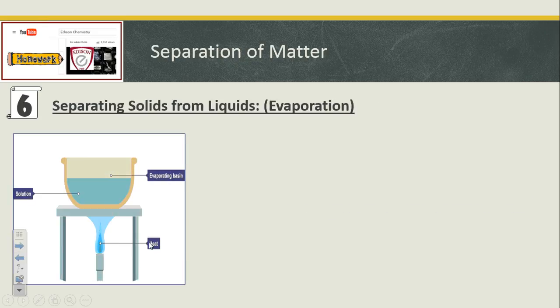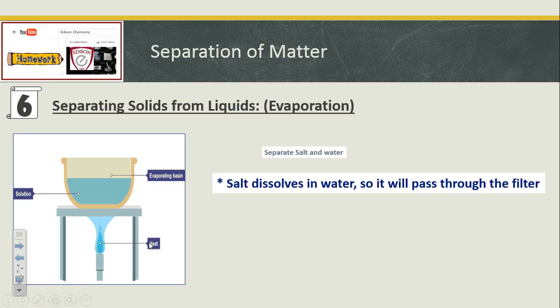Another separation technique is evaporation. Definitely you'll do this here. You will take a solution, which is a mixture, in a beaker, and you'll heat it. Why? To separate salt and water, one of them is going to boil, the other is not. Salt dissolves in the water, and that's why filtration won't work.